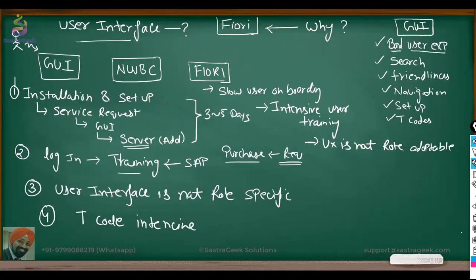The navigation tree is not that easy for a user with minimal information to easily navigate and create a purchase order. So that is another problem. So navigation is a problem.